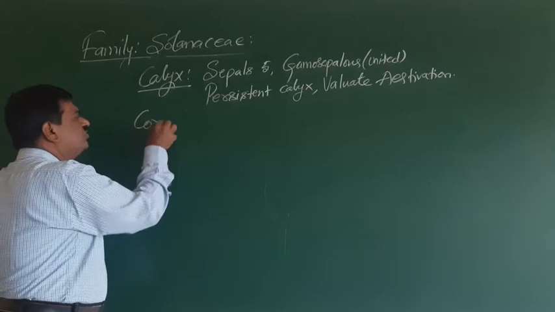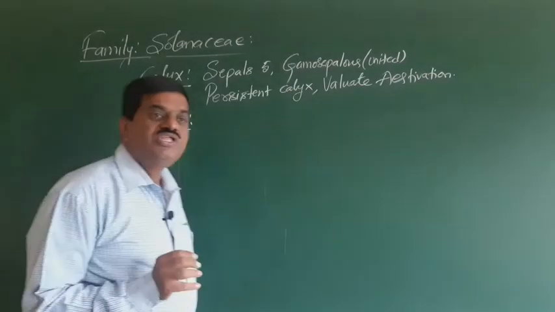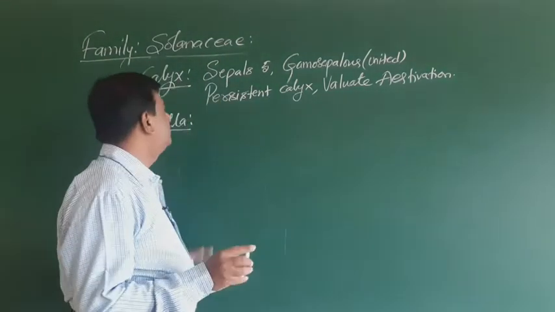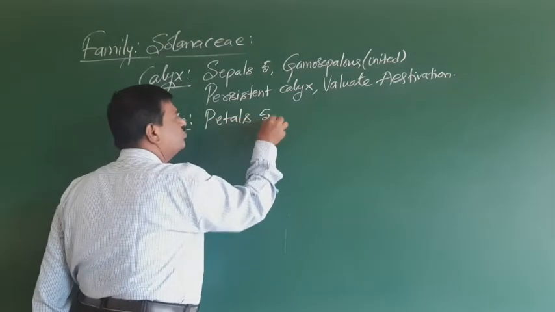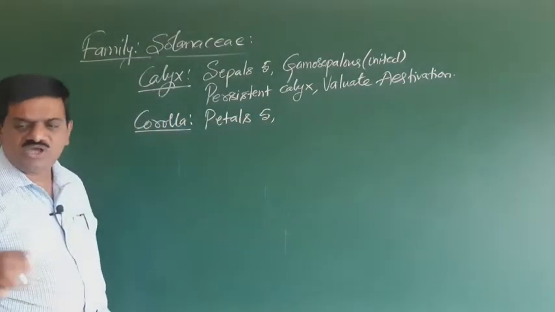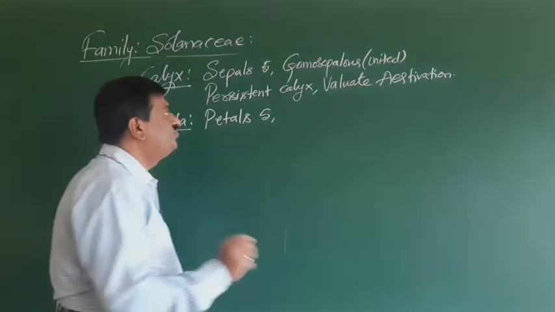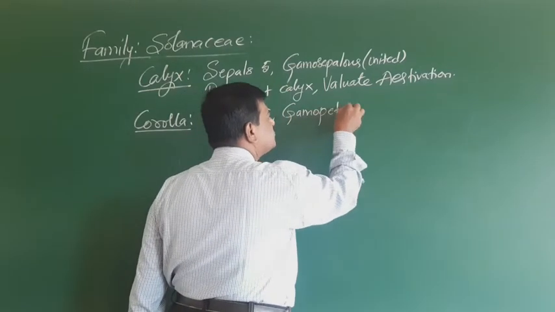Now we go for the next one, called corolla. The word corolla is nothing but petals. Here there is a presence of 5 petals. Again, whether these petals are free or fused should be written. It is gamopetalous.